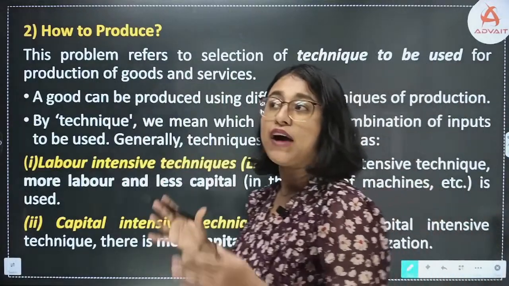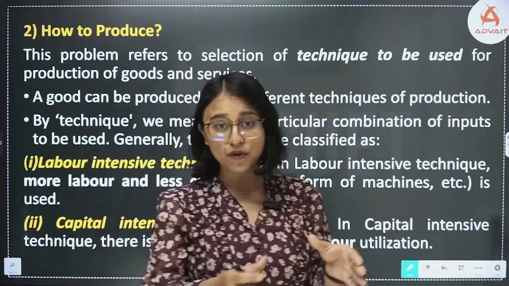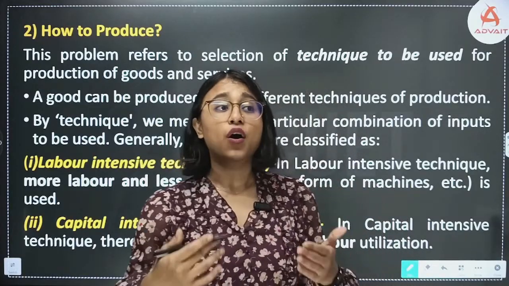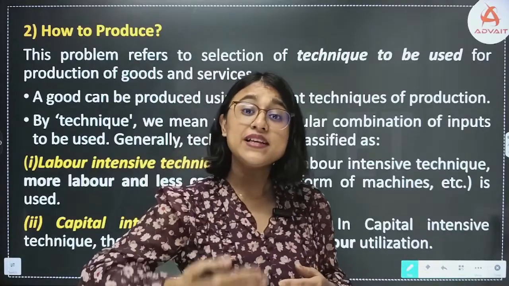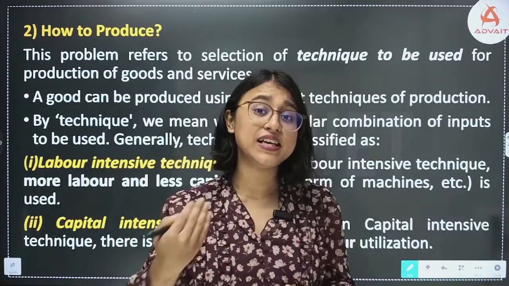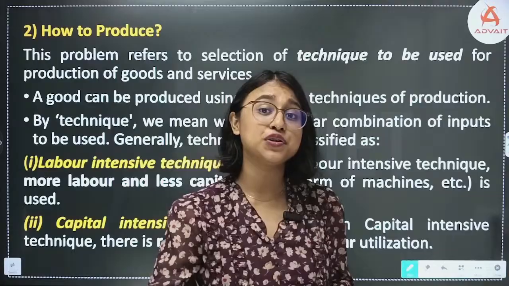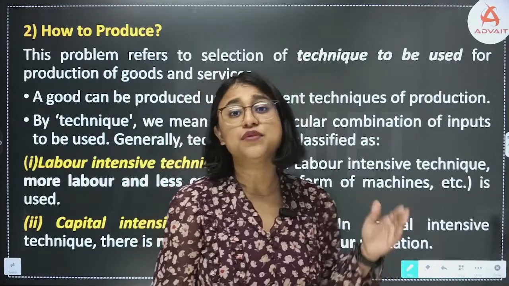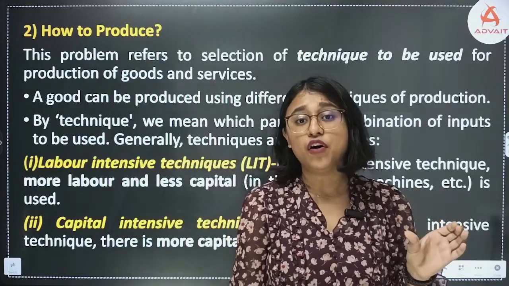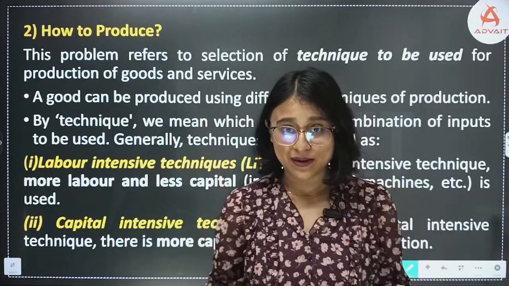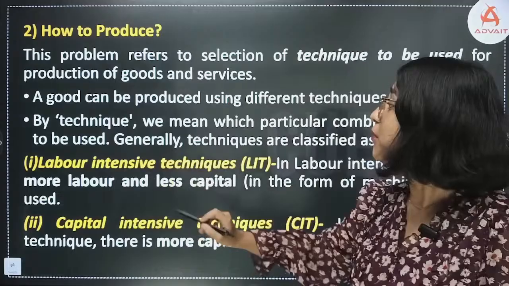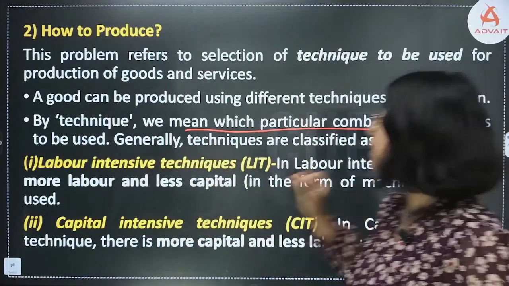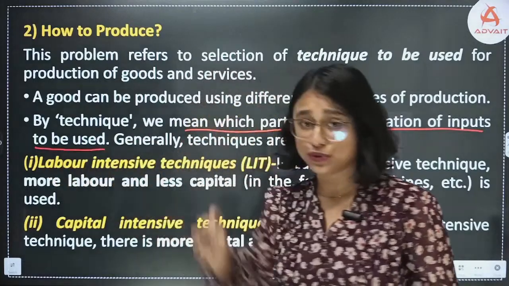Now, after we have selected which type of good to produce, we will then have to make a choice of what will be the technique of production that will be adopted in production of that good. Now, when I say technique of production, the word technique involves a meaning. What is it? So, by technique, we mean which particular combination of input to be used.